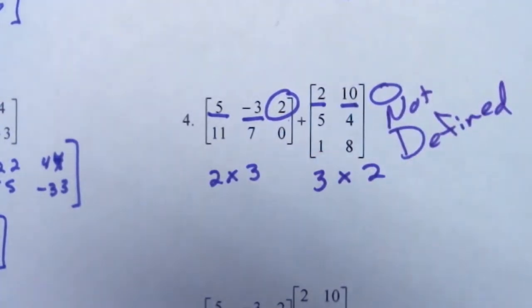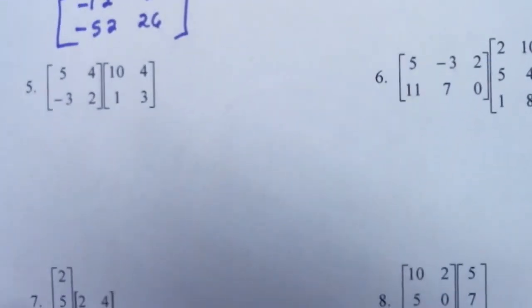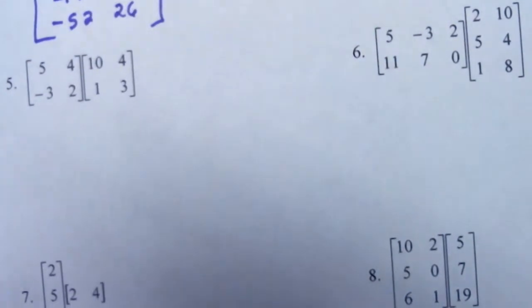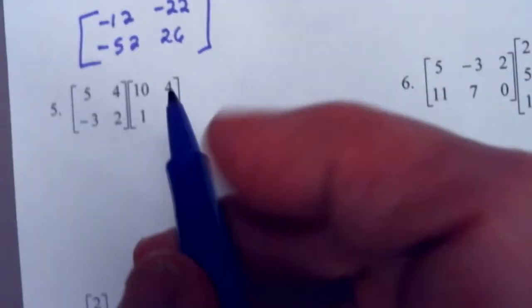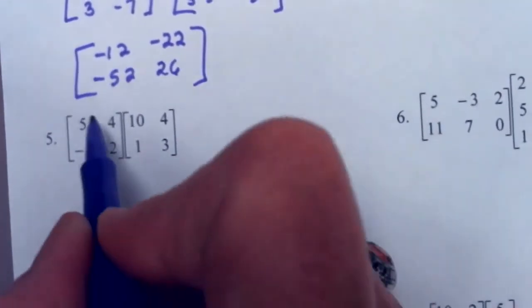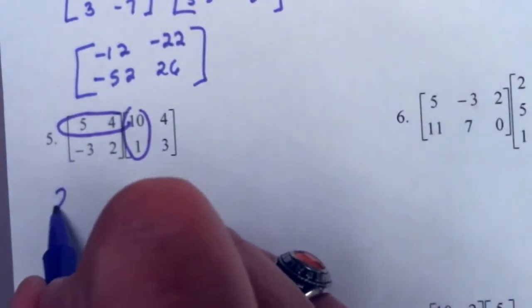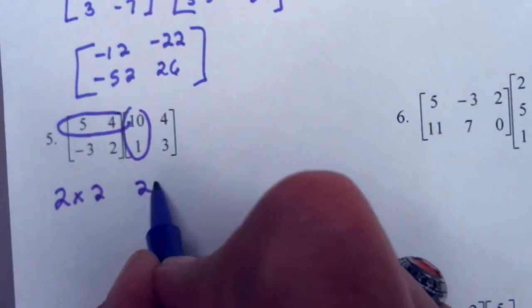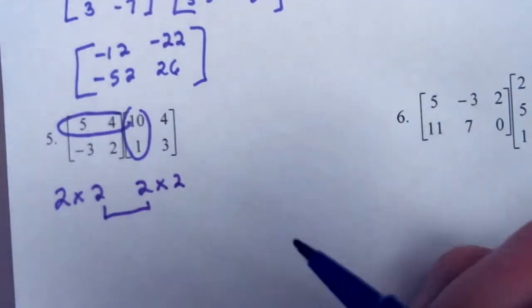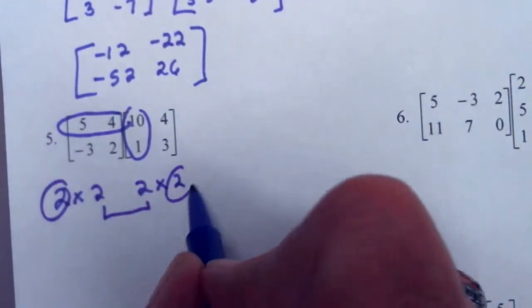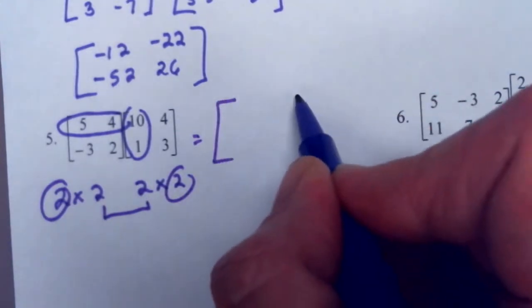All right, now for 5, 6, 7, and 8, we're going to be multiplying those together. When we multiply these two matrices together, we multiply each row by each column. This is a 2 by 2, and we're multiplying it by a 2 by 2. The internal dimensions match, so the result is going to be a 2 by 2, so we can set that up.